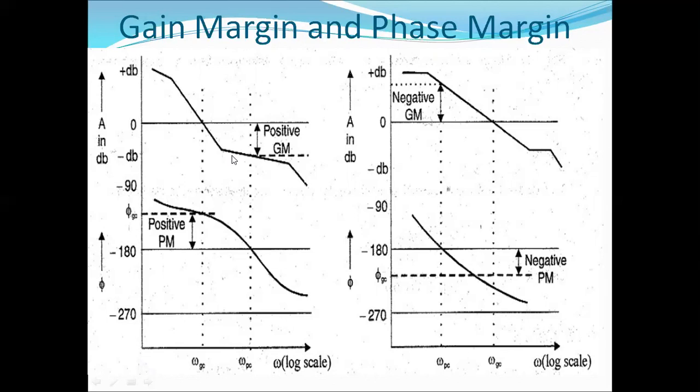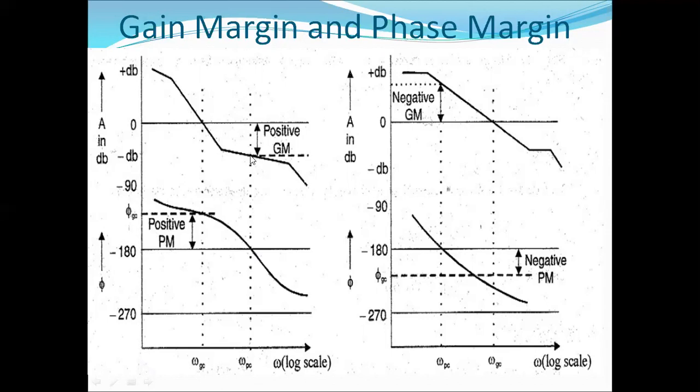So how do we find the phase margin and gain margin after drawing the magnitude and phase angle plot? As already stated about the phase margin and gain margin, the gain margin can be obtained when the phase angle is minus 180 degrees. When it crosses minus 180 degrees, at that point, what is the magnitude? So corresponding to minus 180 degrees from the phase angle plot, we extend this point from the phase plot to the magnitude plot.